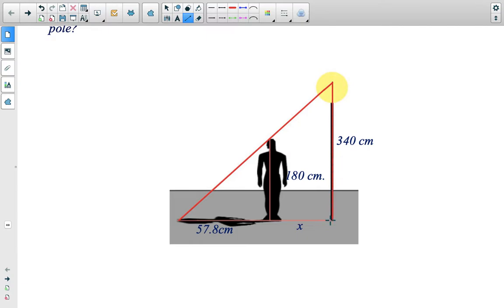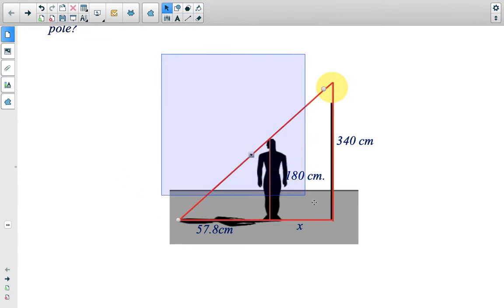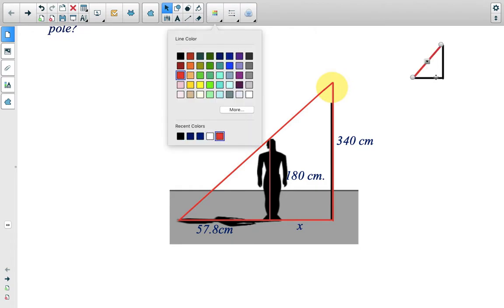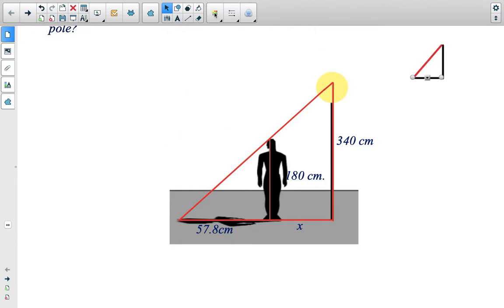So this is our first triangle. So if I were to redraw that triangle, I'm just going to draw my triangle on the side here, I'm going to write down my units, and I'm going to make sure this is red. So we align ourselves with the one that I just drew.